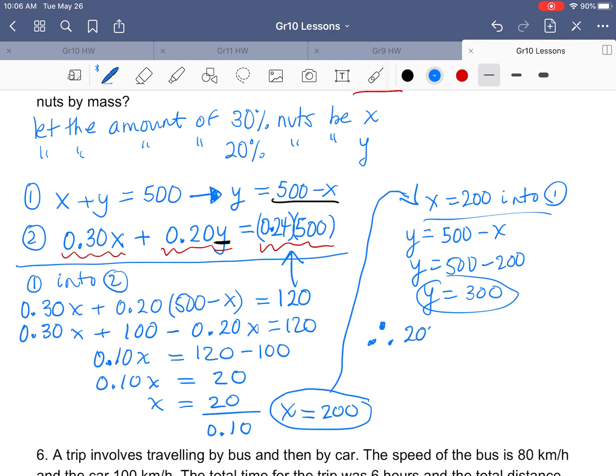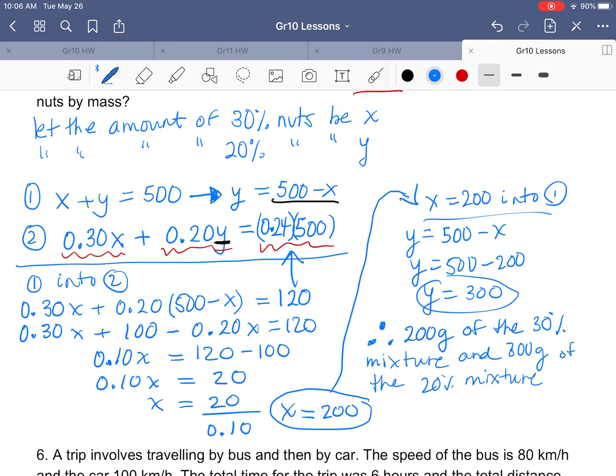So therefore, 200 grams of the 30% mixture and 300 grams of the 20% mixture are needed.